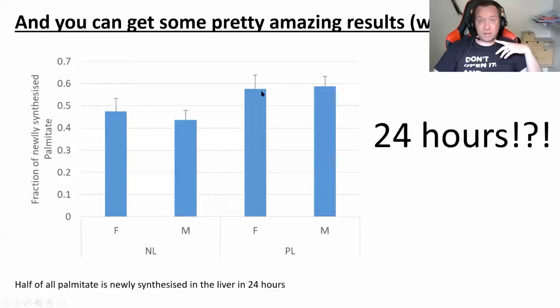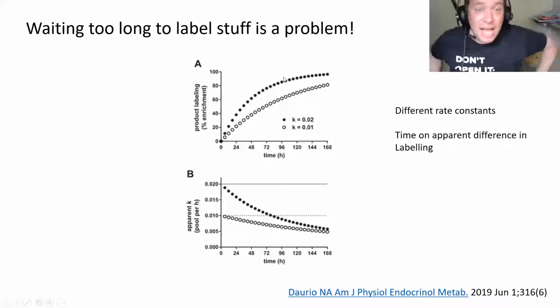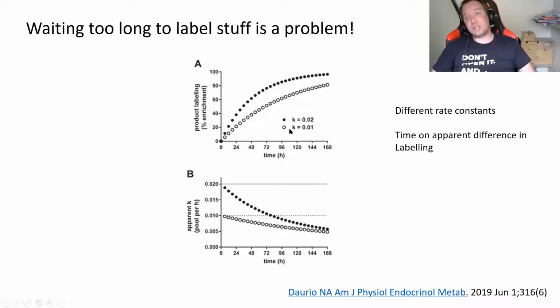It's probably higher, and it's probably higher because of this problem, which arises as you label more and more of your stuff. So this is how much product is labeled in your sample, going from 0 to everything being labeled, and the y-axis is time. As you label more and more, we can come up here and say, okay, 58% here, it's taking about 36 hours.